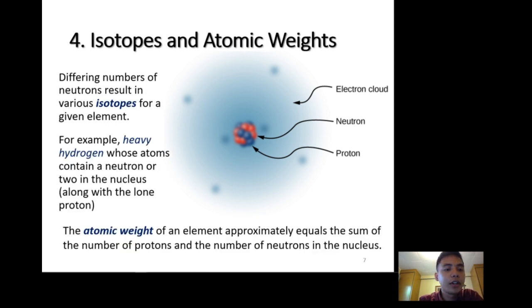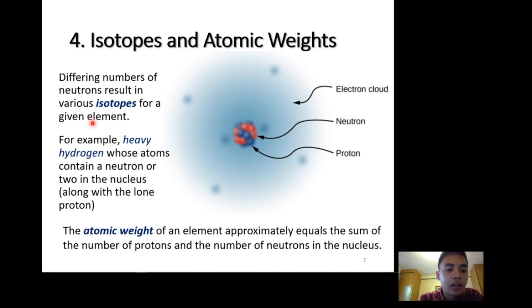Number 4, isotopes and atomic weights. Differing numbers of neutrons result in various isotopes for a given element. We should take note that the numbers of neutrons and protons are most of the time equal.